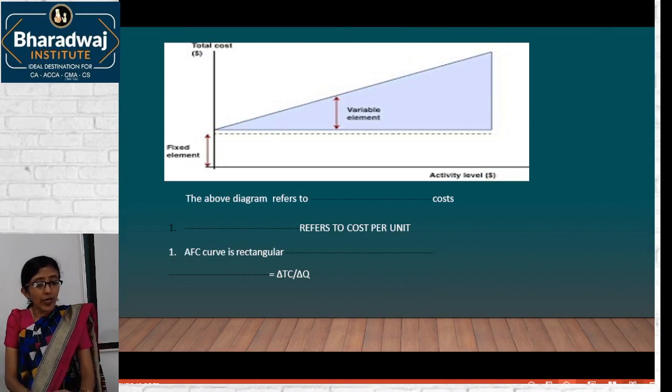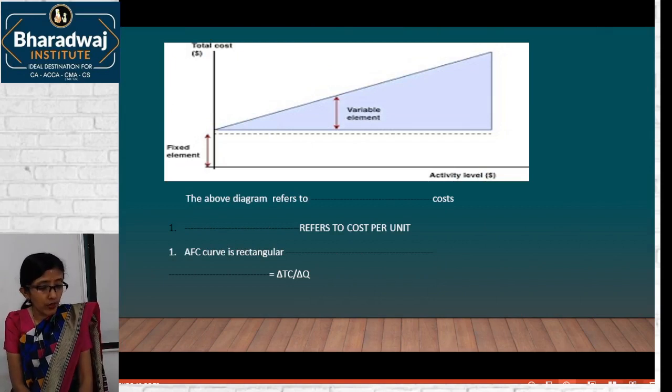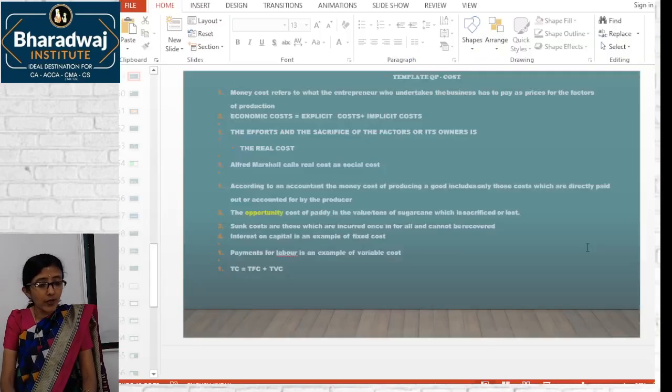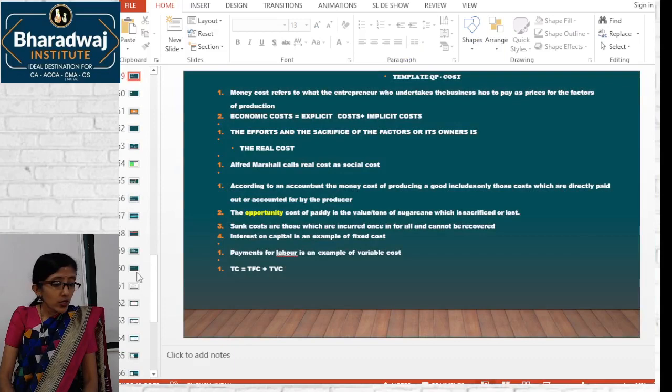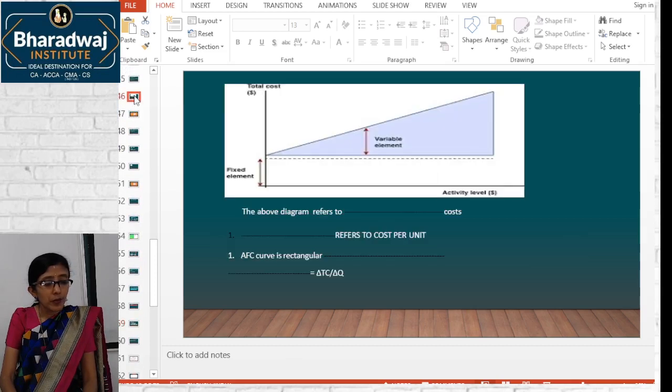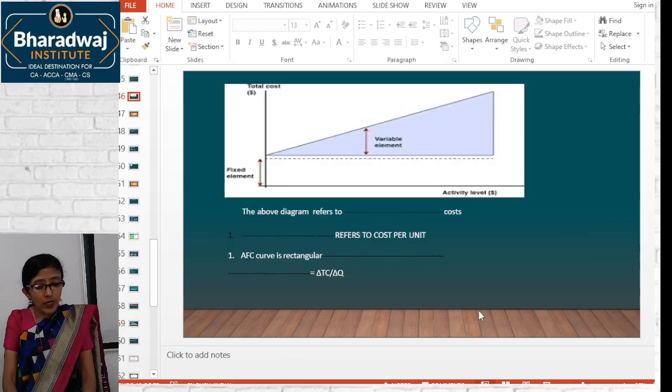Now, the above diagram refers to dash cost. Answer these three questions. Answer the given questions. Please answer the given questions. Look at this.